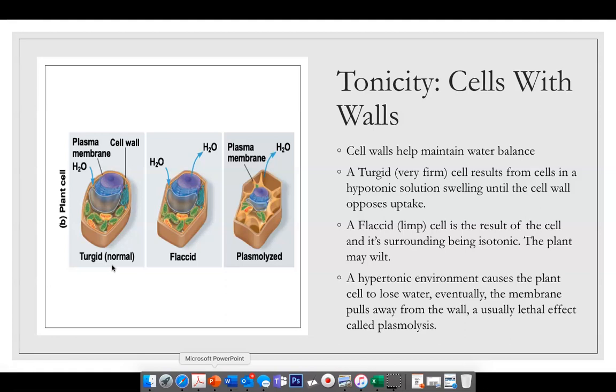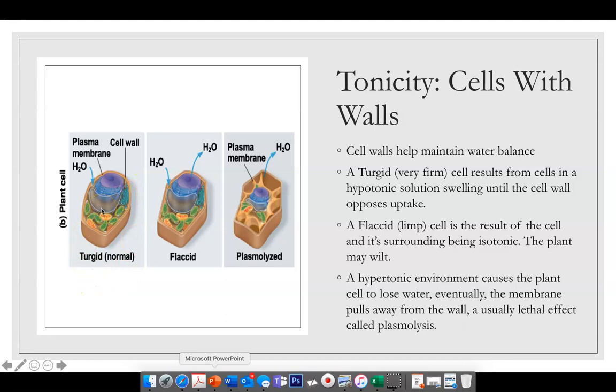And turgor pressure is that internal pressure exerted from water entering the cell. As water enters the cell, it is going to fill that central vacuole, which is going to put pressure on the internal plasma membrane, which will again put pressure on the cell wall, which will help this cell to become very firm.